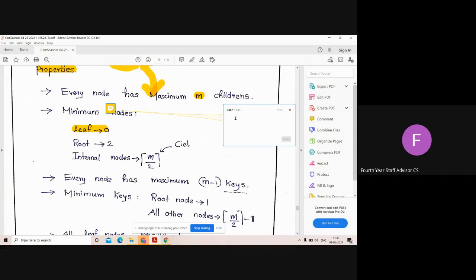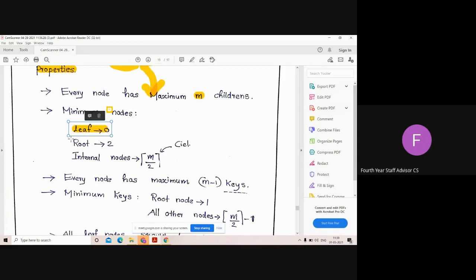So how many children can a node in the B tree have? What is the minimum number of child nodes? For a leaf node, the minimum number of child nodes is 0.